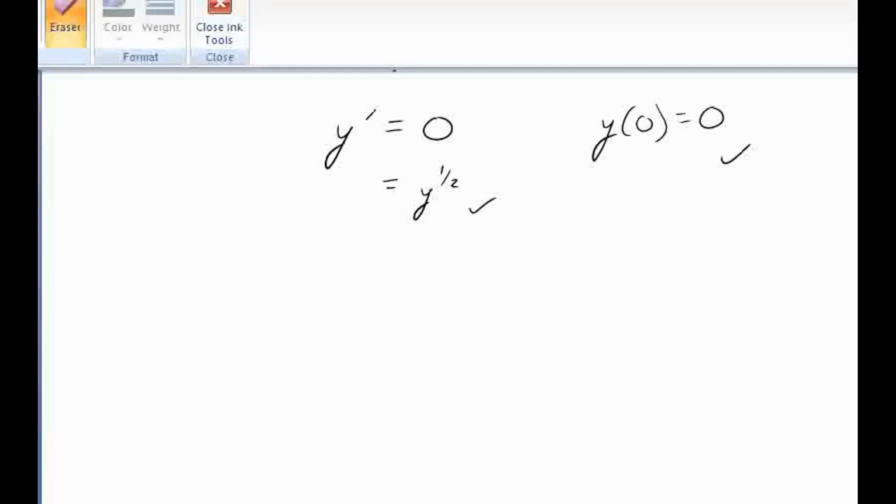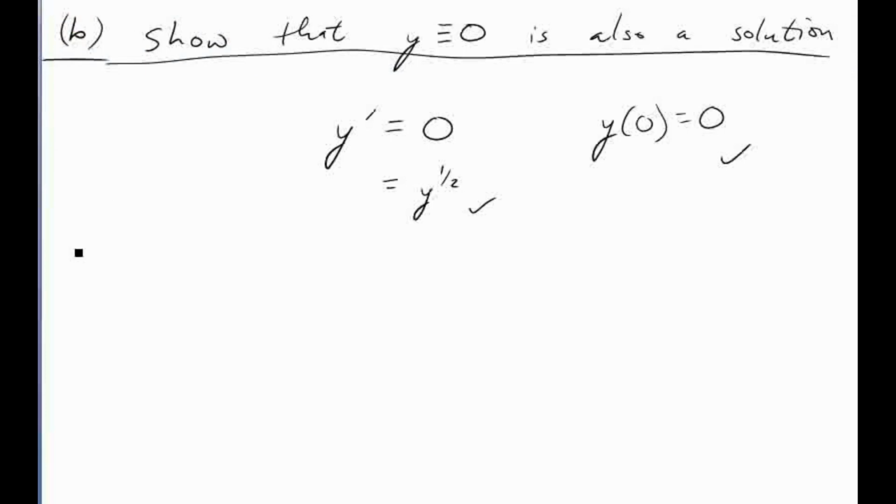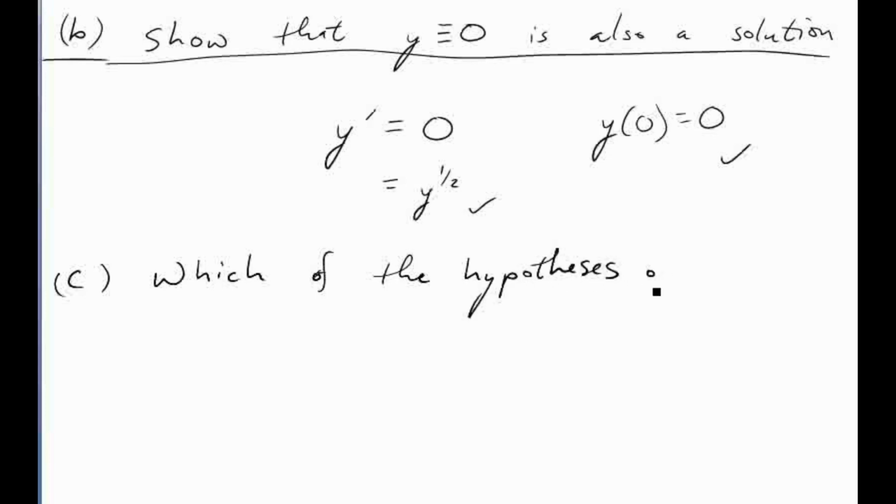Why did this violate the theorem that we just said? One thing about mathematical theorems is they are the surest things in all of math. So why was this violated? So, which of the hypotheses of our theorem are violated?